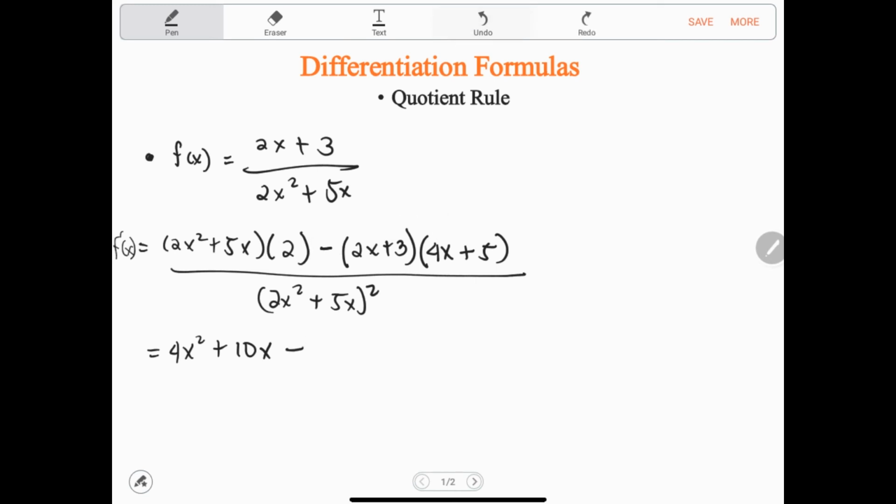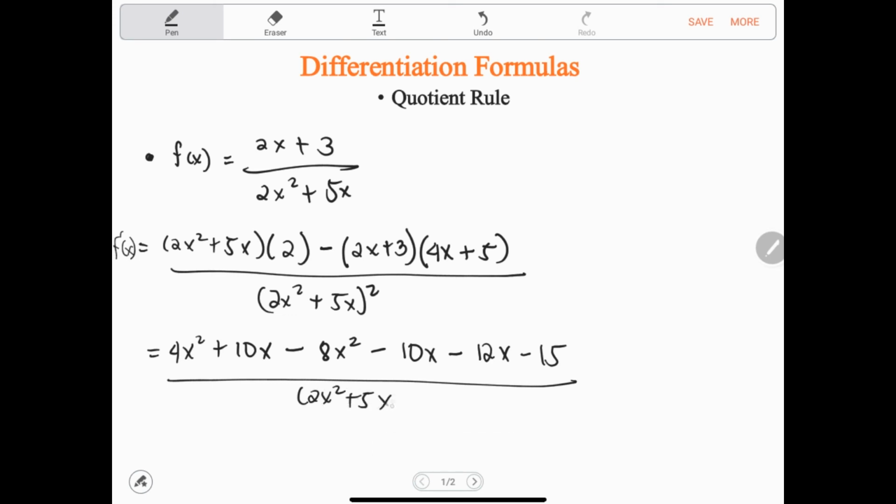So 2x times 4x is equal to negative 8x squared. 2x times 5 is equal to negative 10x. 3 times 4x is equal to negative 12x. Lastly, 3 times 5 is equal to negative 15, all over the quantity 2x squared plus 5x to the power of 2. Then we'll combine common terms.